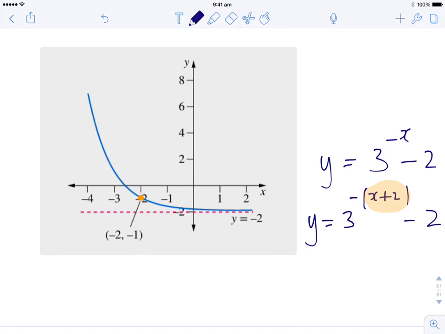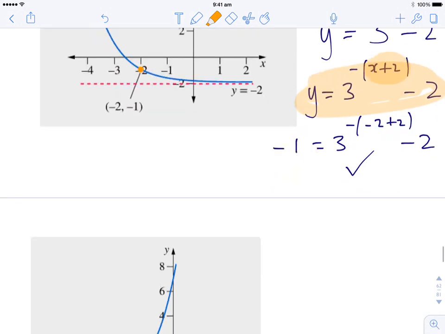Again, let me just check that's right. Let's substitute in the point -2, -1, so -2 for x, and see if that works. So -2 plus 2 is 0, 3 to the 0 is 1, 1 minus 2 is -1, so that actually works. So that could be a possibility for the equation of this graph here.